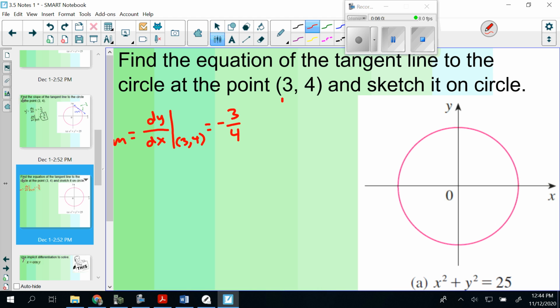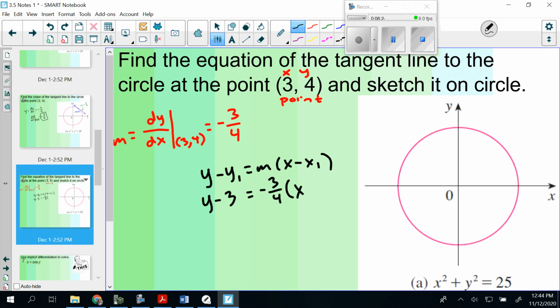We have our point right here, that's our x and y value for our point. Now use point-slope form and you can get the equation. If we plug everything in, we get y minus 4 equals negative 3/4 times (x minus 3). So that would be the equation.